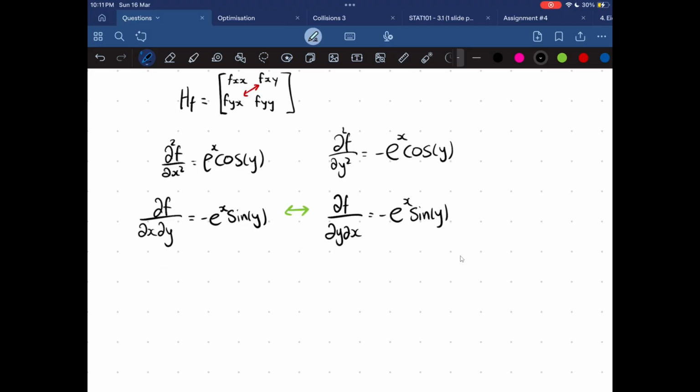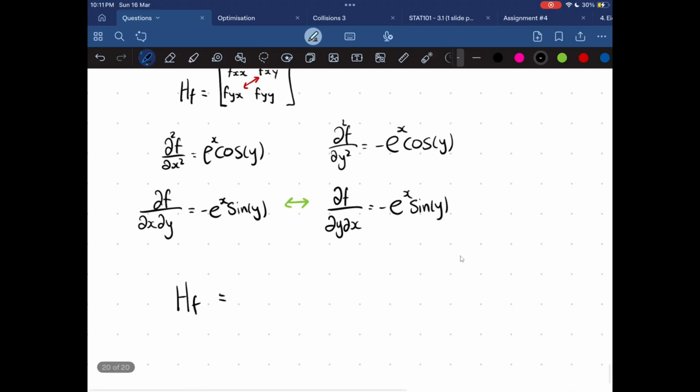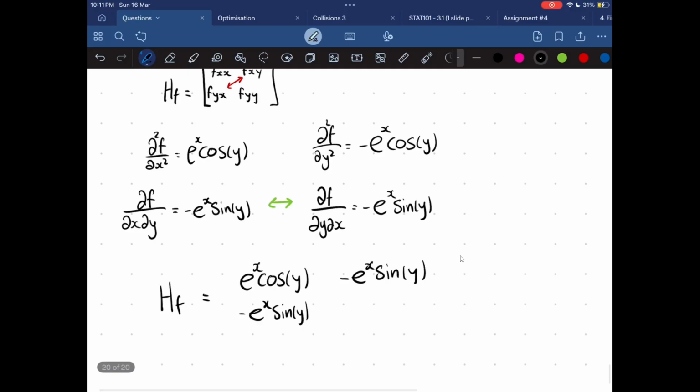So now constructing our Hessian matrix following the diagram above, we can see this will be e to the x cosine of y, negative e to the x sine of y, and then the same thing here, and then with respect to y, it should be negative e to the x cosine of y.